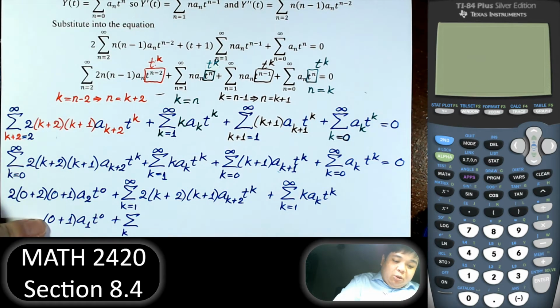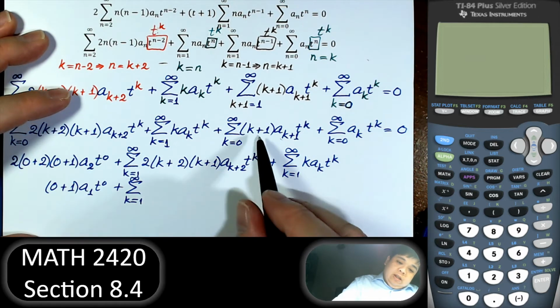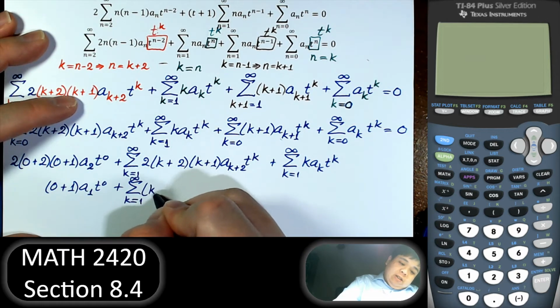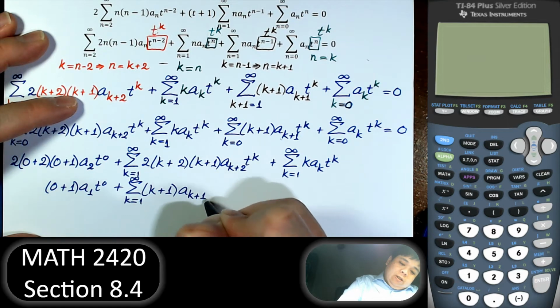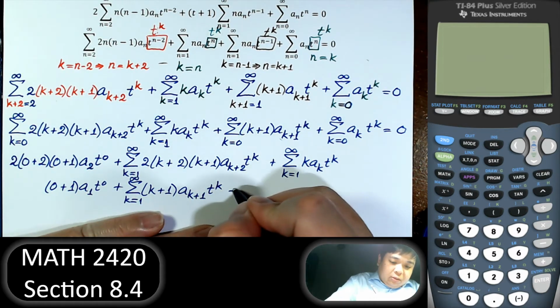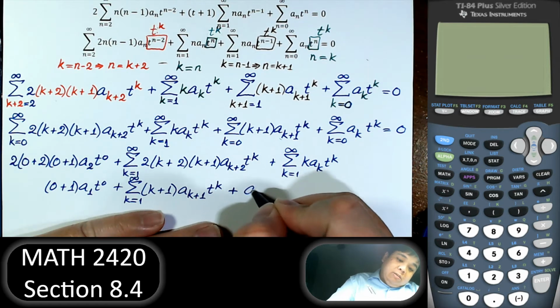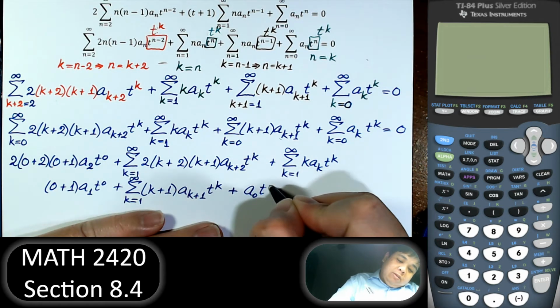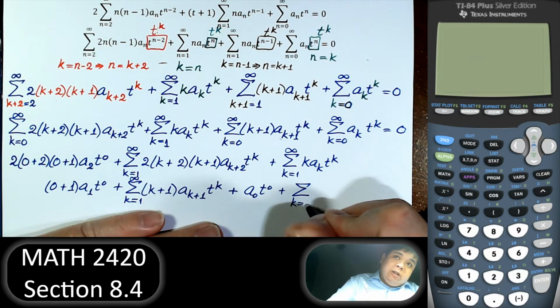After we have k equal to 0, now k can go from 1 to infinity of that series. And now this one starts at 0, we have to split out one term, so put 0 in, we have a sub 0, t to the 0, and then that series can start from 1.